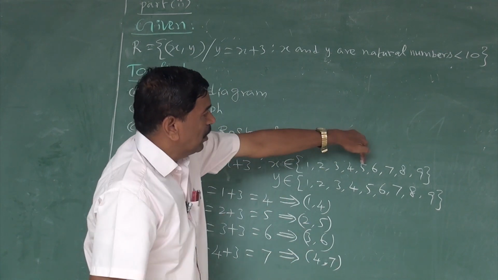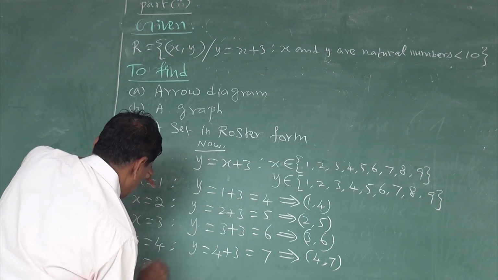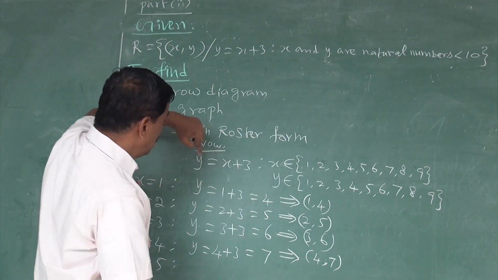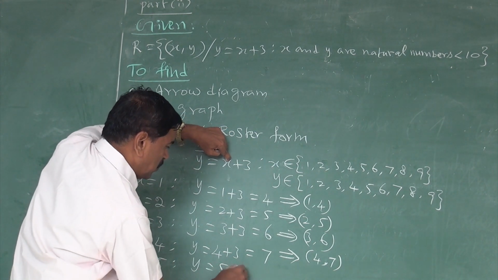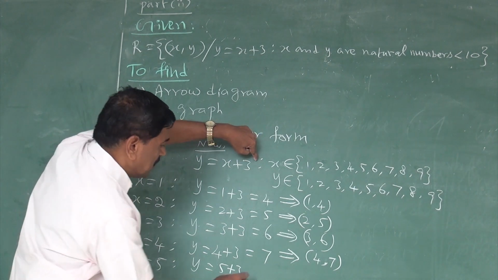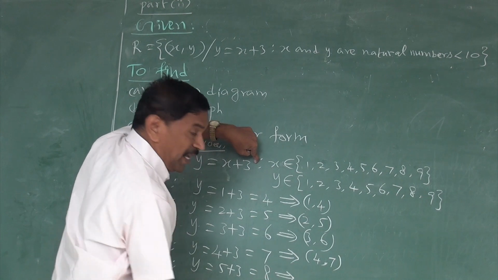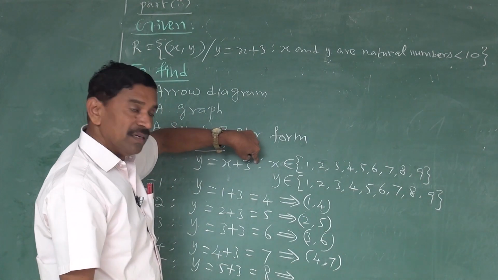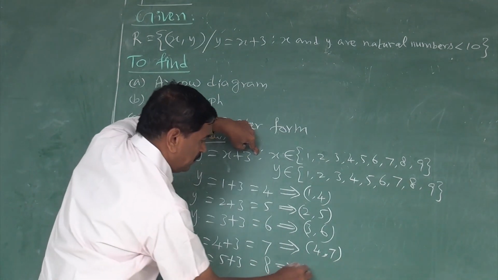Next, what is the next x value? 5. When x is equal to 5, y is equal to 5 plus 3, which is equal to 8. Whether the ordered pair is possible? Yes, possible. The ordered pair is 5 comma 8.